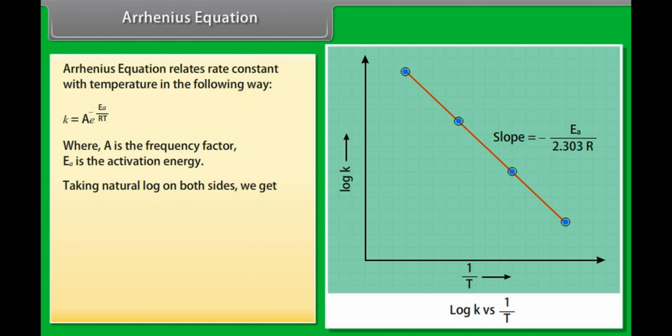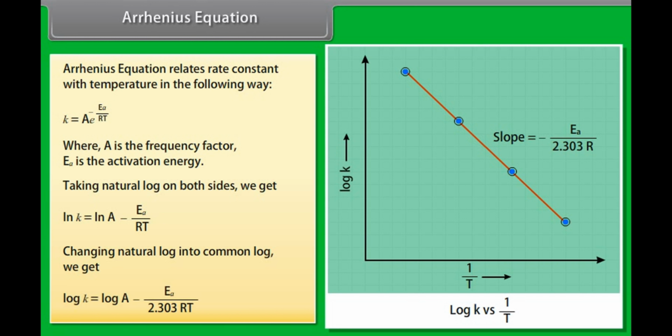Taking natural log on both sides, we get ln K is equal to ln A minus EA upon RT. Changing natural log into common log, we get log K is equal to log A minus EA upon 2.303 RT.